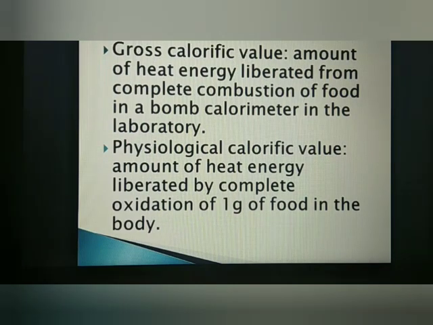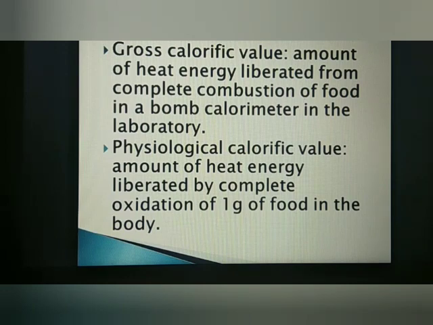Then gross calorific value and physiological calorific value. When you hear the terms, you feel it is a little bit complicated, but nothing is there. Gross calorific value is the amount of heat energy liberated from complete combustion of food in a bomb calorimeter in the laboratory.